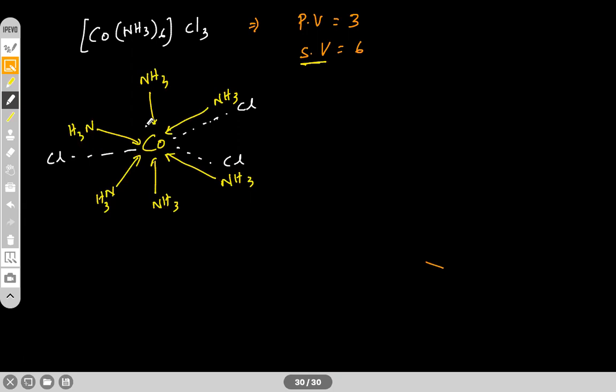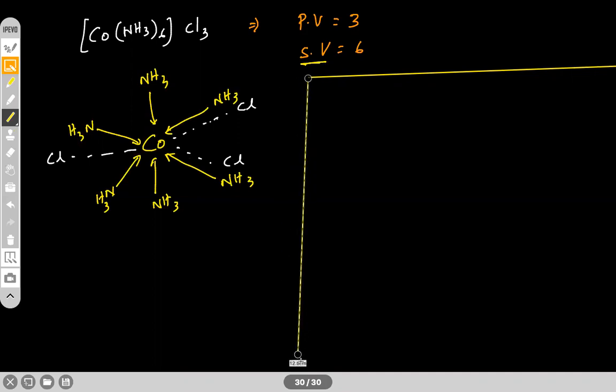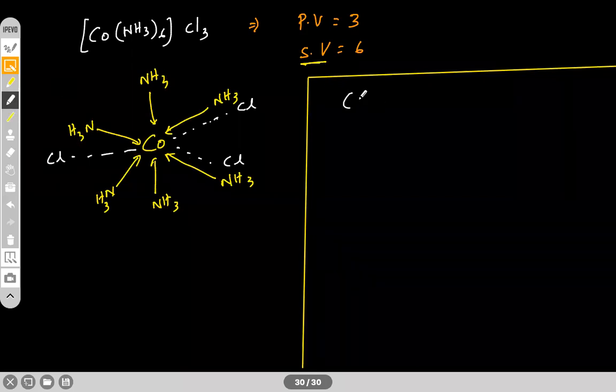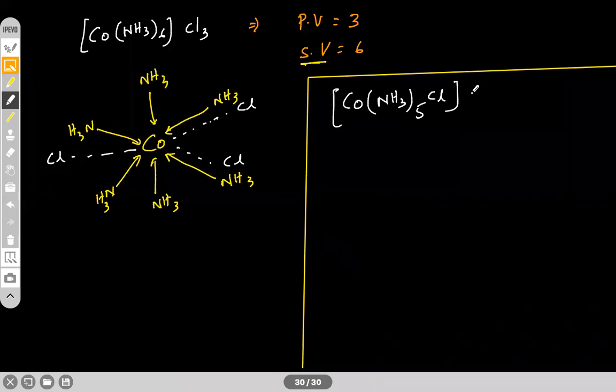Now, I'll make one change in this. Suppose I am taking this one: CoNH3 5, Cl and then Cl2.